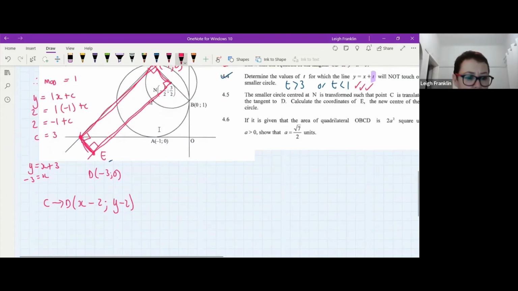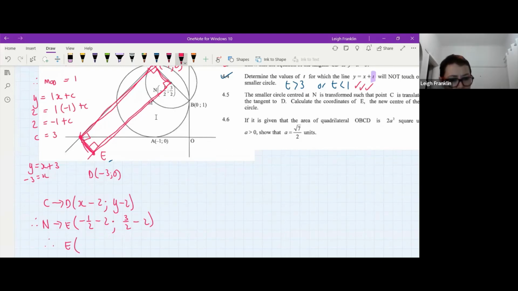Therefore, N maps onto E by the same translation. So we've got -1/2, which is the x coordinate at N. From that, we need to subtract 2. The y coordinate at N is 3/2. From that, we need to subtract 2, and that will give us the coordinates at E.